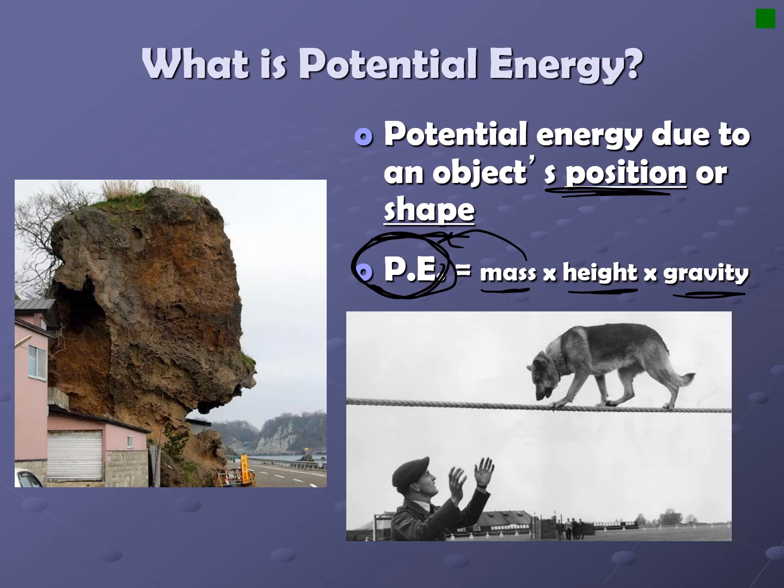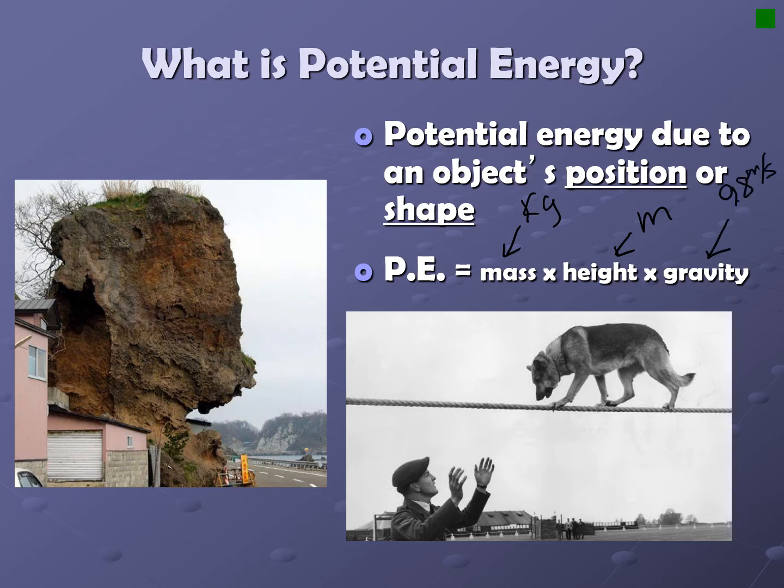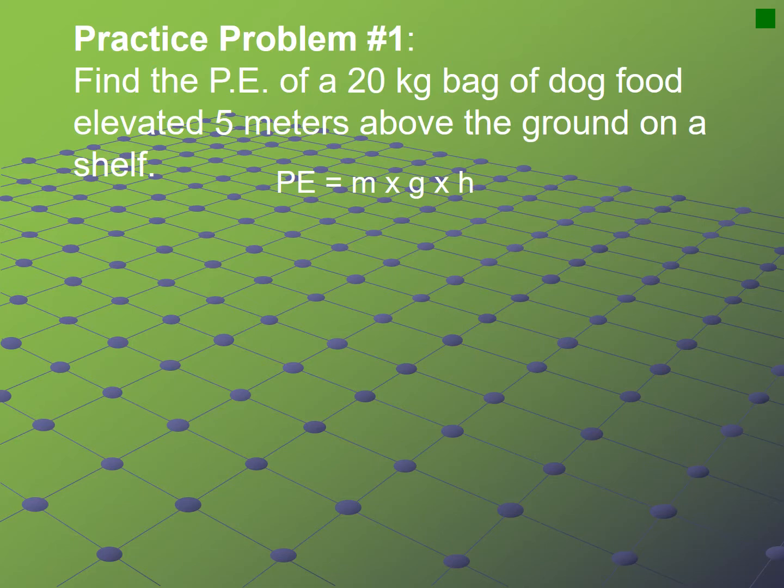This is the formula that you're going to absolutely need to understand. To use this formula, mass has to be in kilograms, height has to be in meters, and gravity, since we're dealing with Earth, is 9.8 meters per second squared. If you are on some other planet, then you would use their constant for gravity.